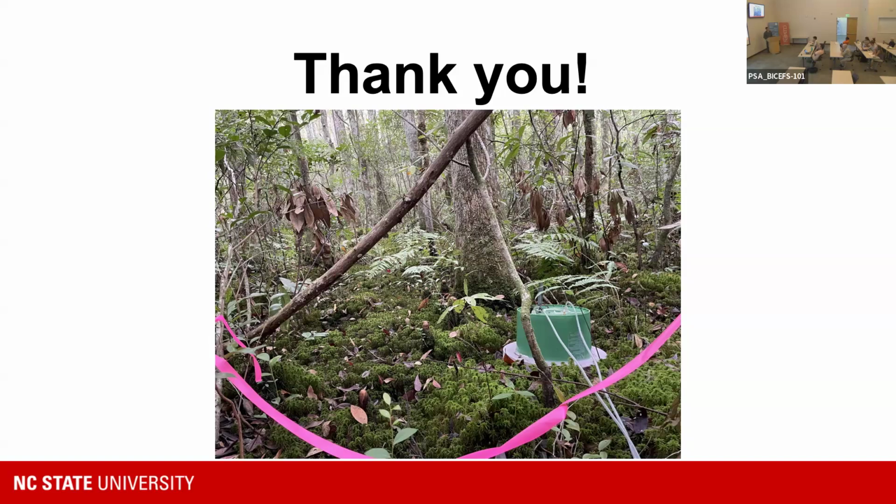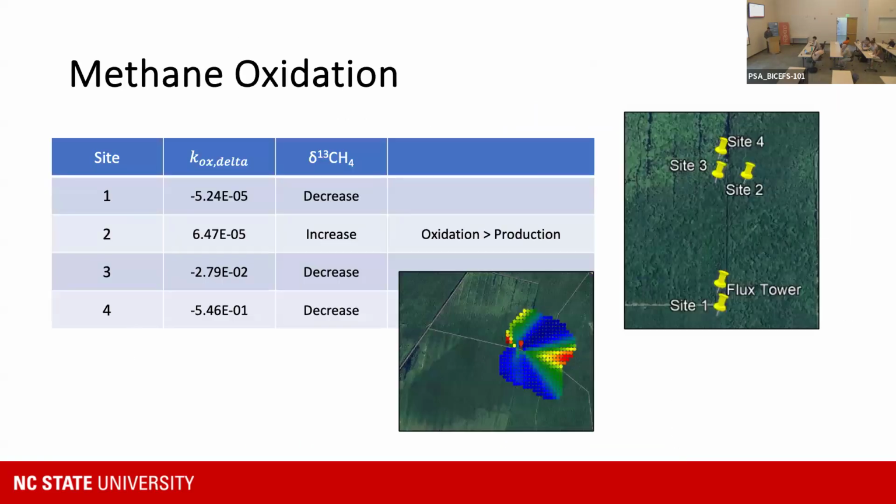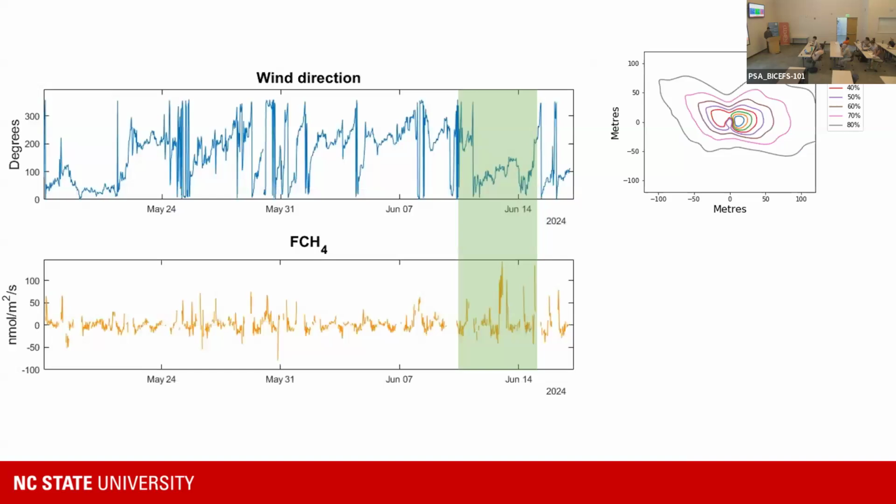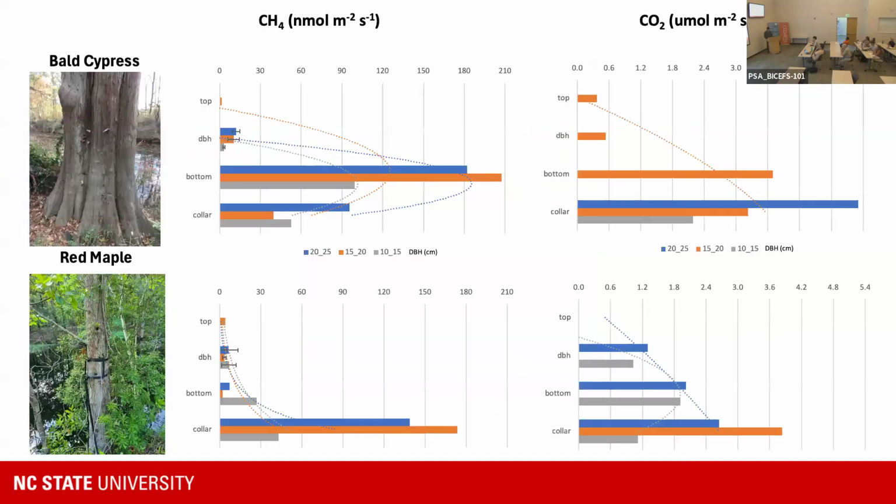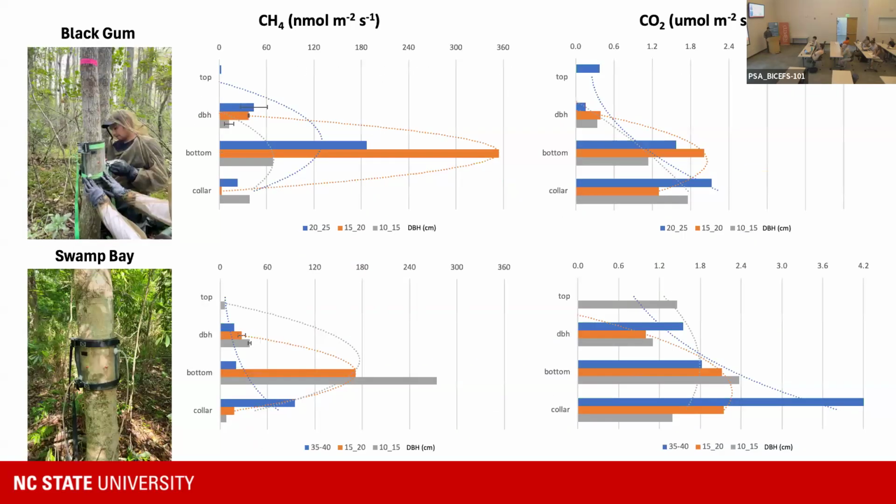So that may also contribute to the methane flux. But in the case of alligator, it's clear to me that the methane and the CO2 are being transported from the soil through the tree to the atmosphere. Again, this is very preliminary, but we hope to continue doing this to be more conclusive.